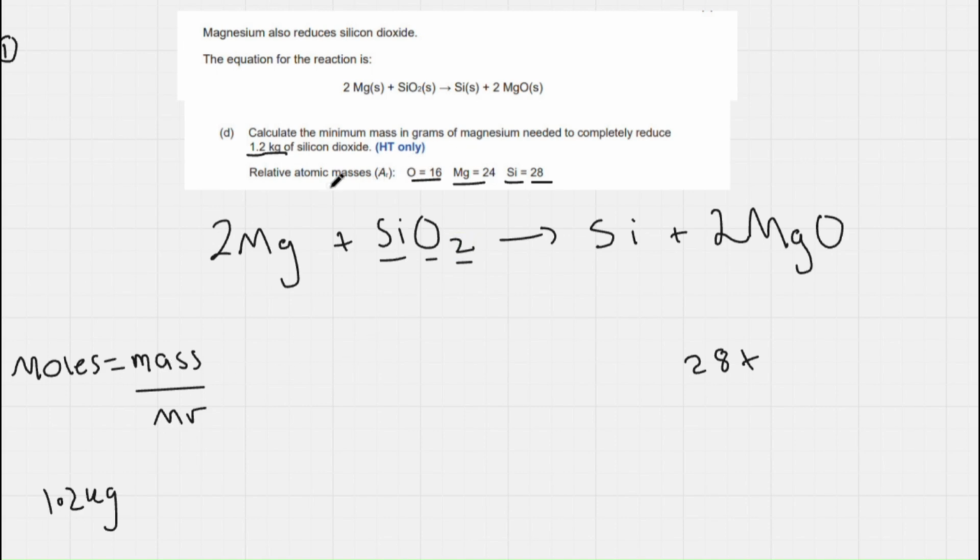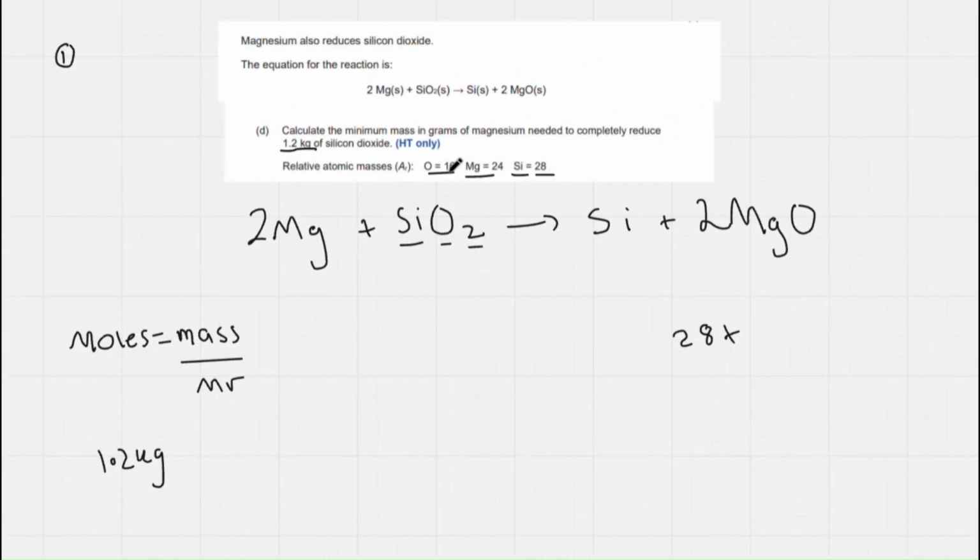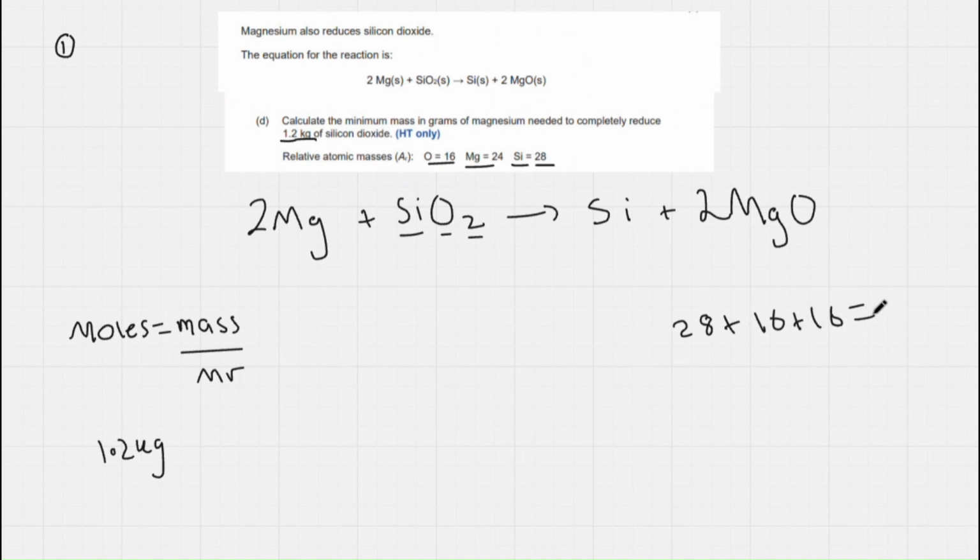So that means we're going to look at the atomic mass of oxygen, and we can see that it's 16. So we're going to add 16 twice. So that means the mass is 1.2 kilograms, and our formula mass is 60.